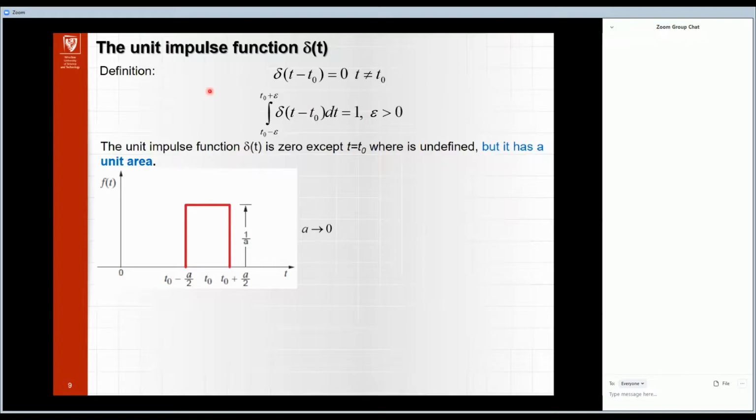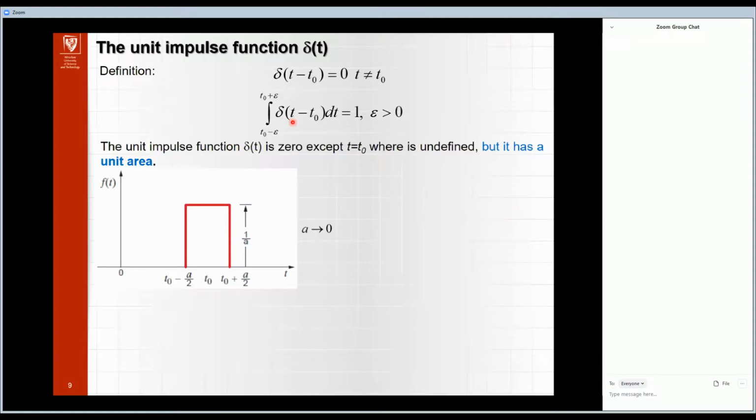And the second property is that we don't know the value of the unit impulse function at this point, but we know about the integration.